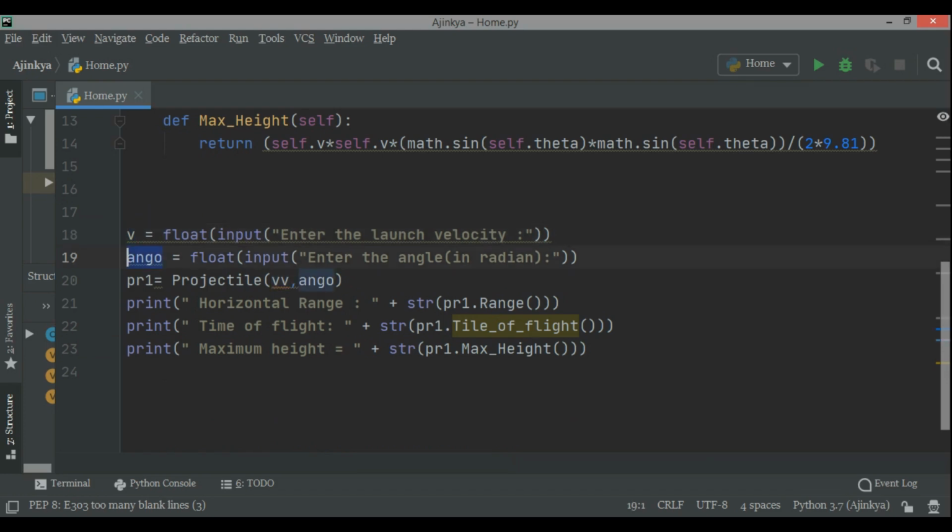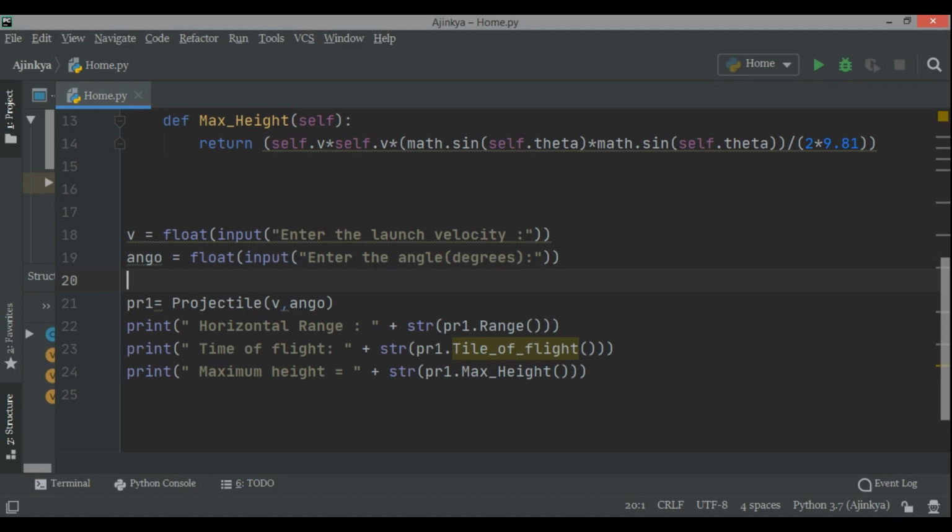Now I accept the velocity and the angle from the user. Since sine and cosine functions take radian values, and users are normally more comfortable with angles expressed in degrees, I will ask the user to enter the angle of projectile in degrees, and then I will convert this into radians using the formula degree value into pi upon 180.